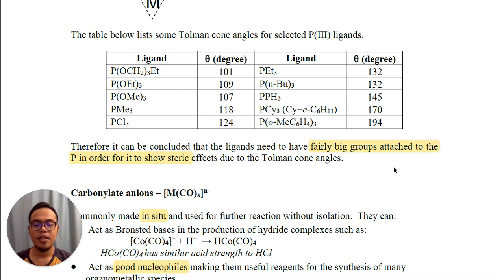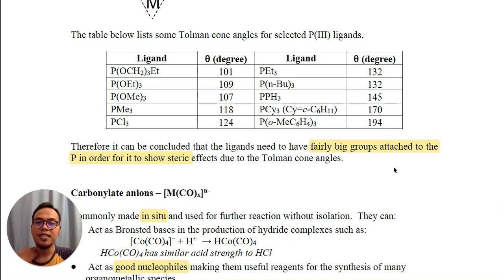And second, we learned about the steric factor. The cone angle is measured by the Tolman cone angle. The bigger the angle, the more difficult it is to form a bond with your metal. The cutoff is 140 to 165. If you have less than that, you don't have any problem forming a bond with your metal.